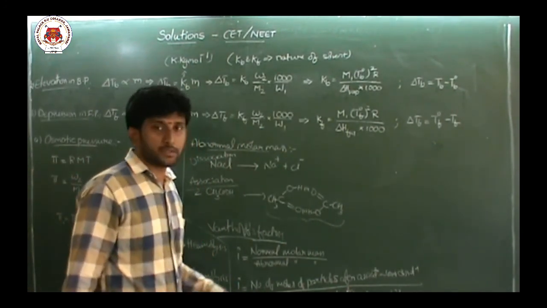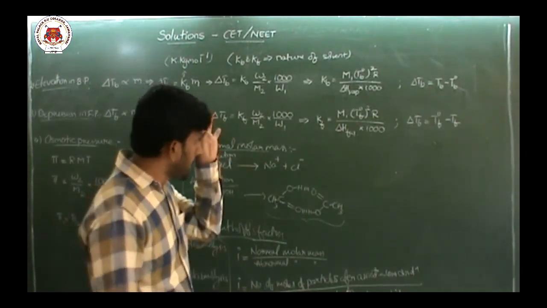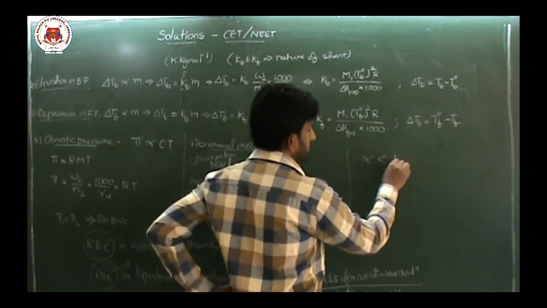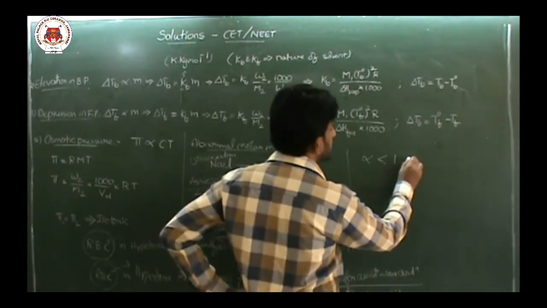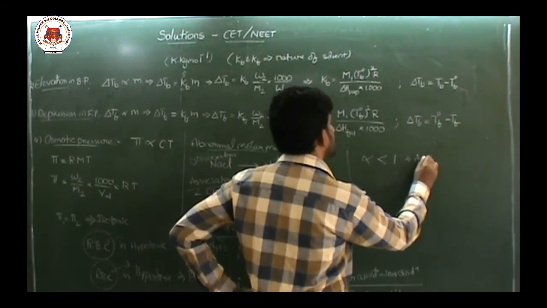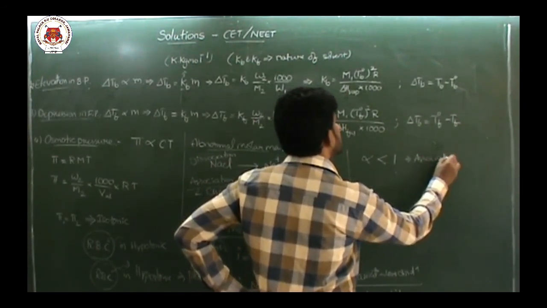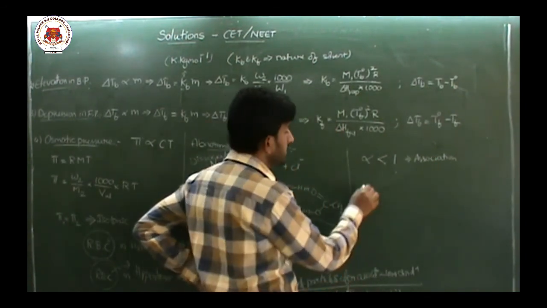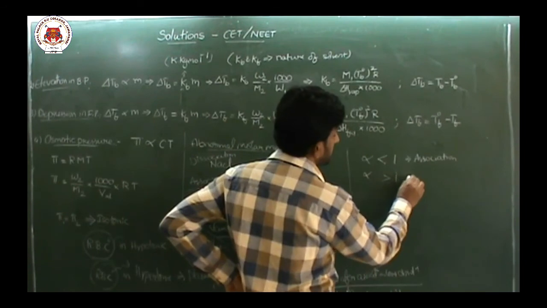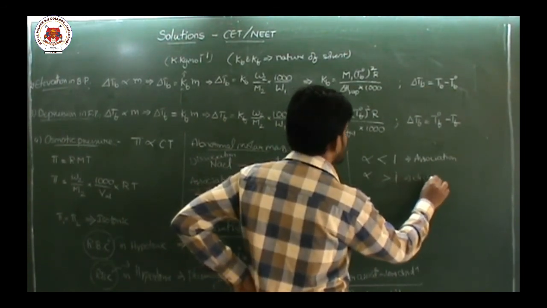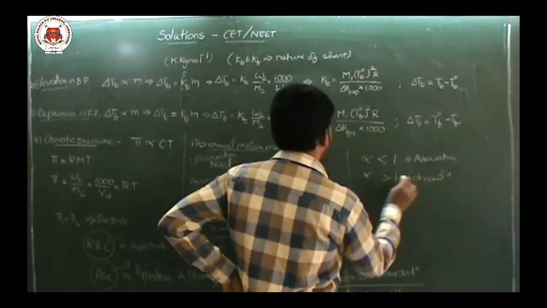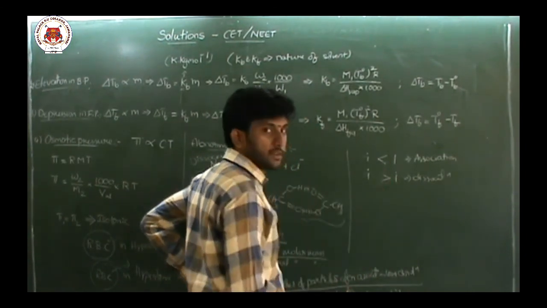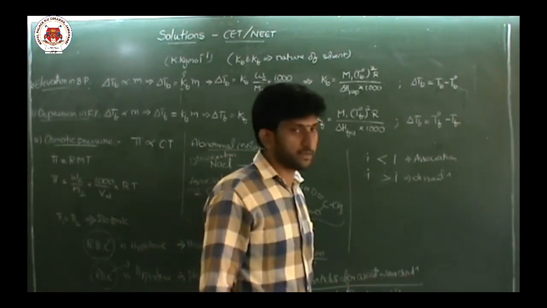So there are again different formulas for this, and you need to remember that the i value is less than 1 for association, and the i value is greater than 1 for dissociation.